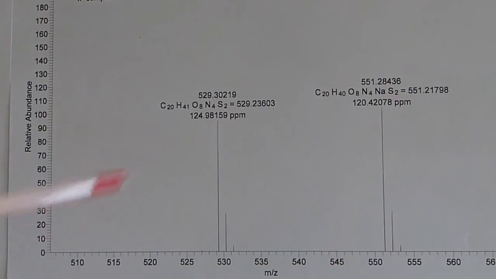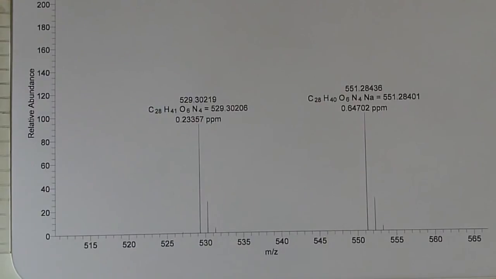And for the 2M plus sodium cation cluster, we would have a difference of 120.4 parts per million. Again, ruling out oxidized methionine-valine as a possibility for the composition of our particular dipeptide.